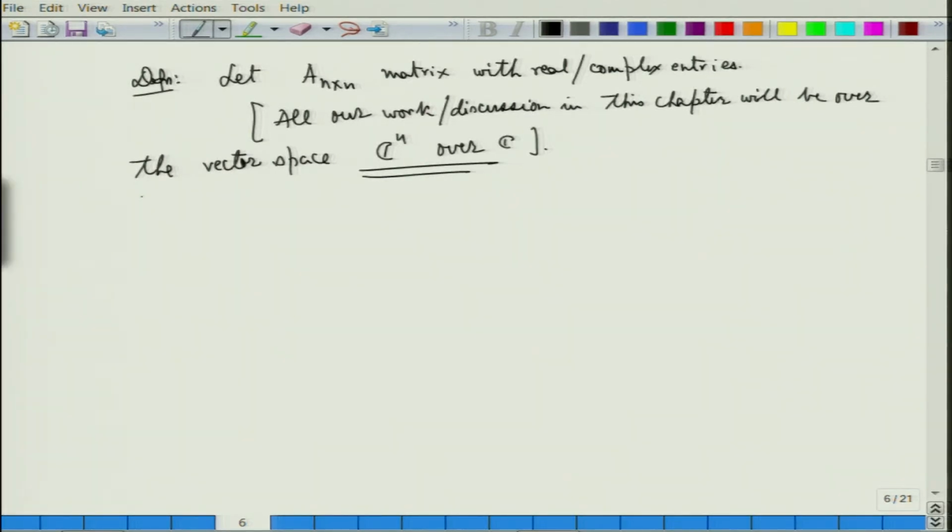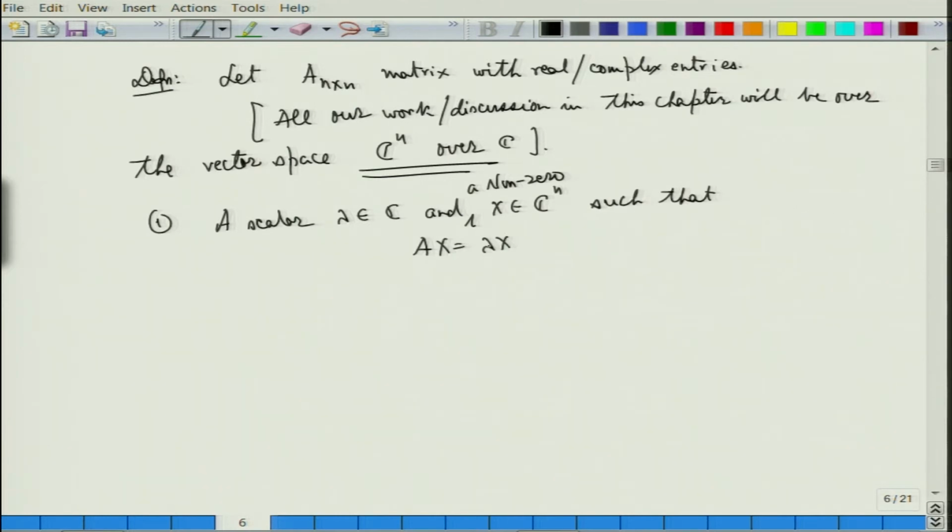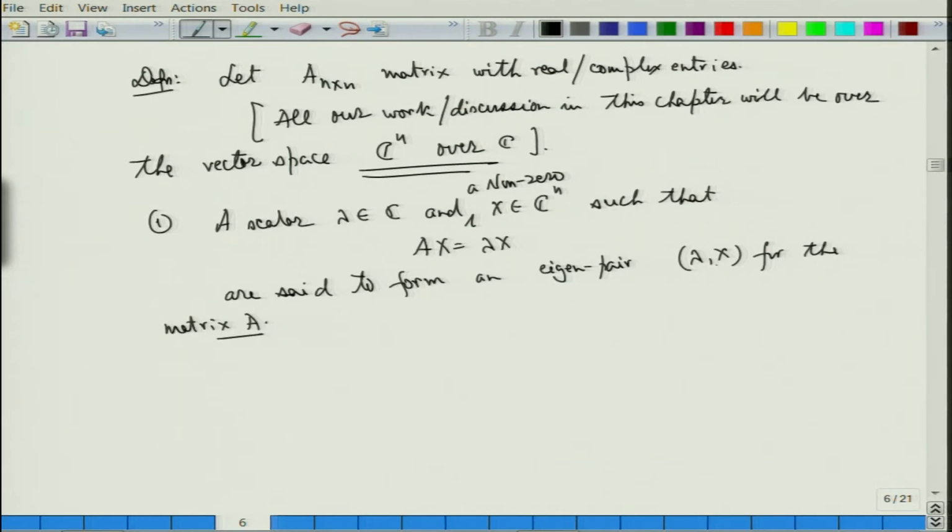So, this is the assumption. Definition 1: a scalar lambda belonging to C and a non-zero x belonging to Cn, such that Ax is equal to lambda x, are said to form an eigenpair (lambda, x) for the matrix A. So I am saying eigenpair.